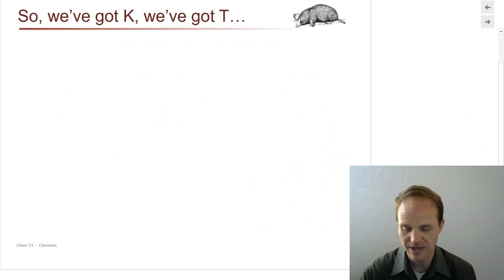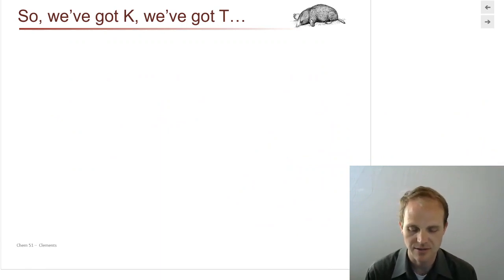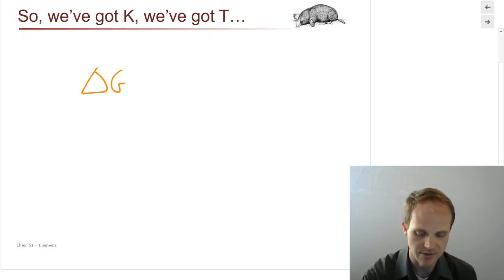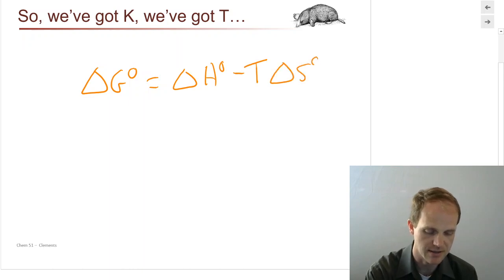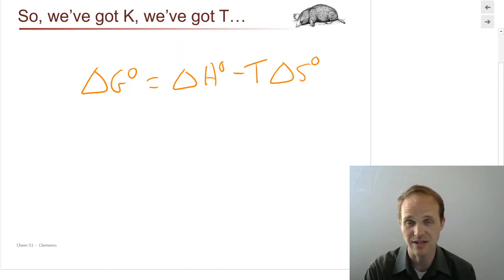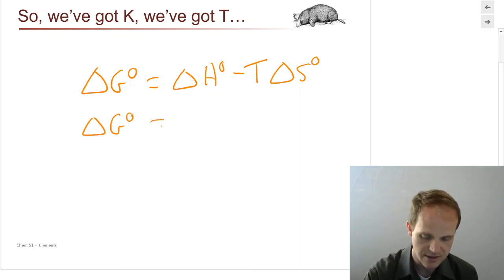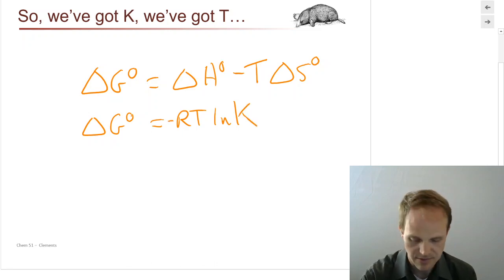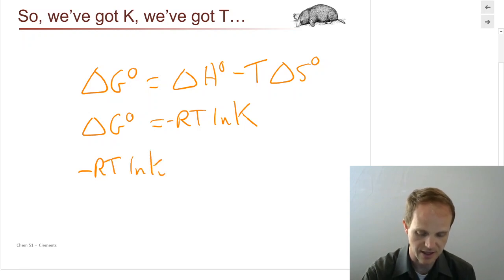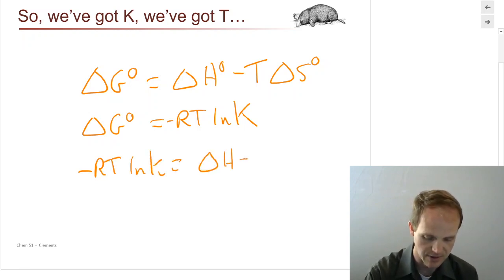Okay, we've got K, we've got T. What can we relate that to? Let's look at our different delta G's here. We have delta G naught equals delta H naught minus T delta S naught. Remember, it works without those circles and it works with those circles because it's always true. And we've got that delta G naught is equal to minus RT natural log of K, which means minus RT natural log of K is equal to delta H minus T delta S naught.